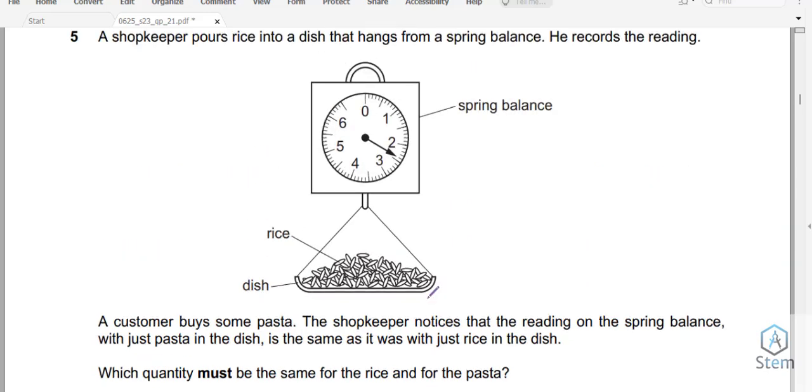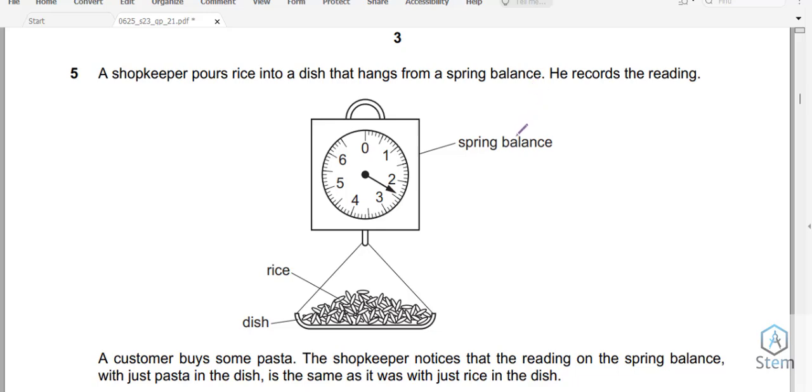Let's get back to the diagram and see. Now our spring balance helps us to compare masses and subsequently weights. So if the spring balance is giving you the same reading, it means the mass of the objects you are dealing with is the same, or the weight of the objects you are dealing with is the same.